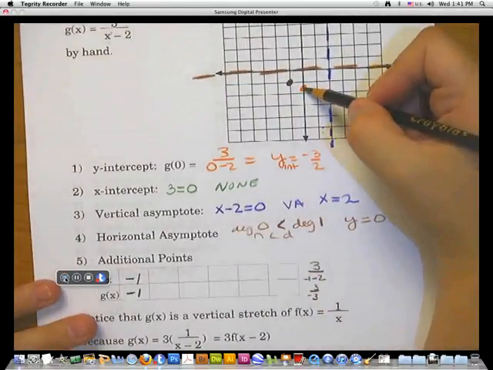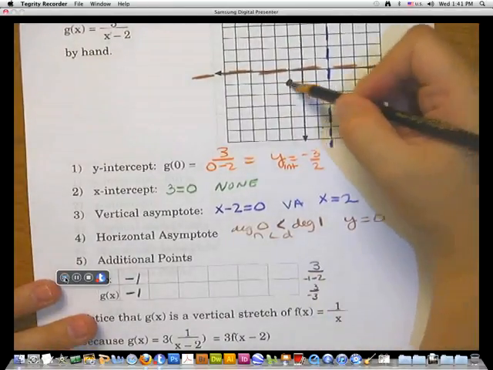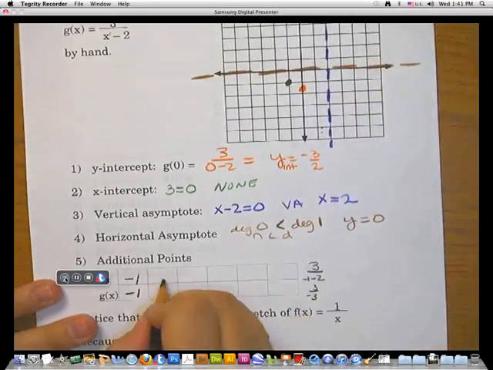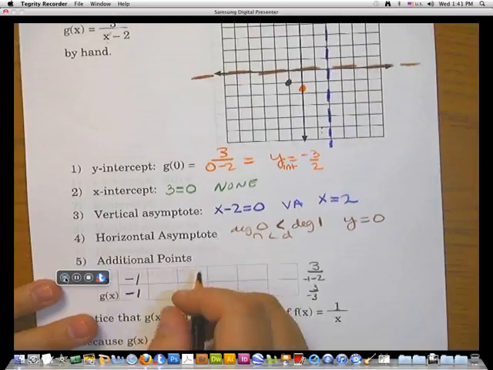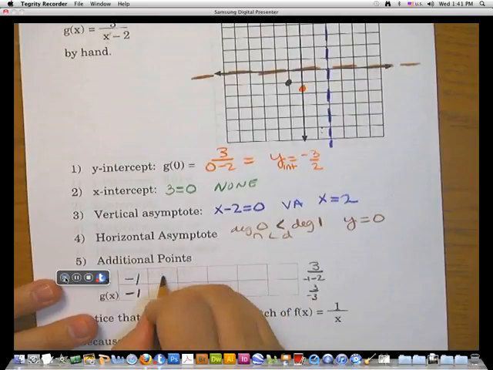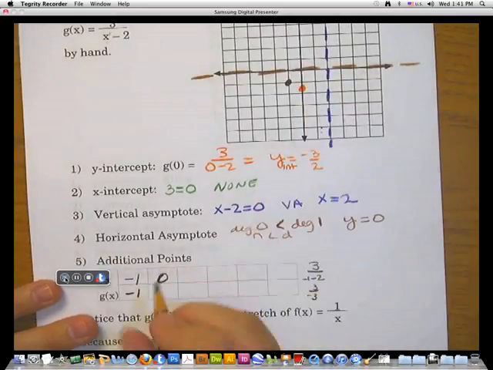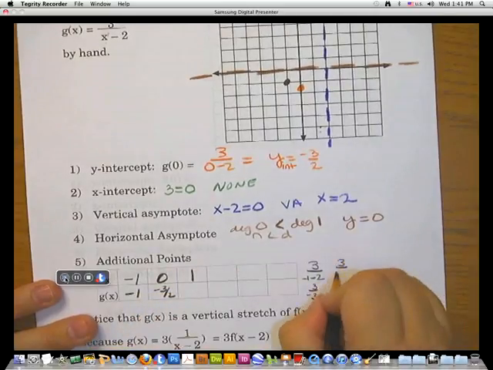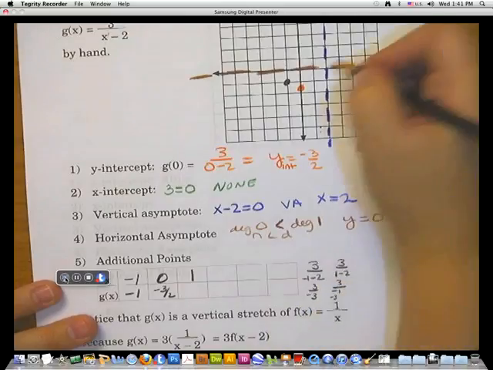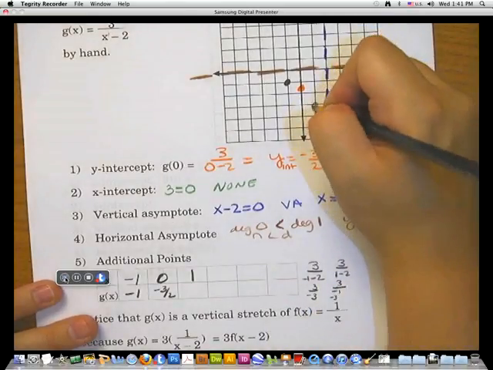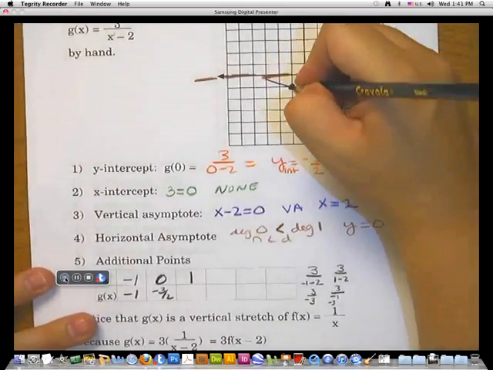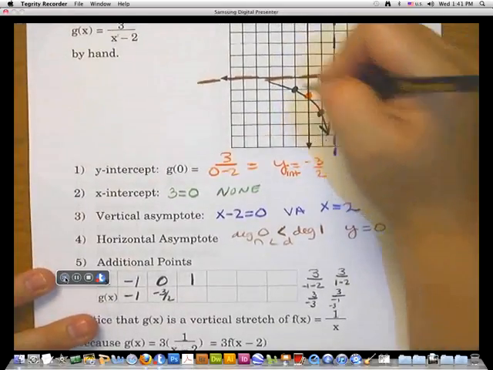I'm going to pick 1 on each side of my intercept, so positive 1. I know what 0 is because I found it. Positive 1 is 1 minus 2, so 3 over negative 1 is negative 3. Alright, so that clearly shows me how I'm approaching my asymptotes.